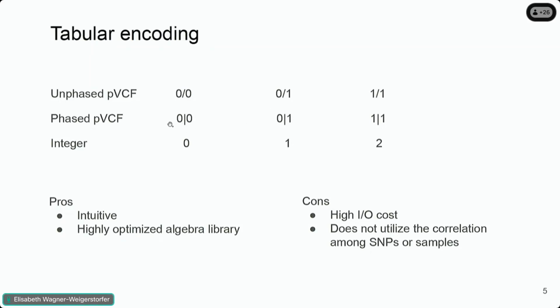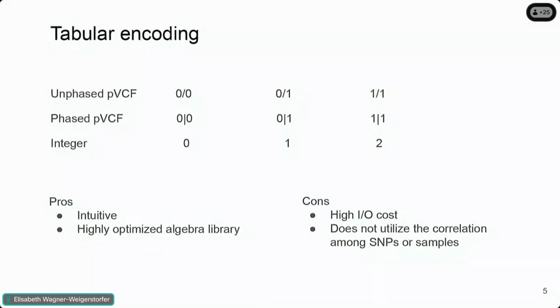Starting with this data, when we do the analysis, we usually convert it to a 0, 1, 2 encoding. It works as if it's a matrix, and then we can do downstream genome-wide association studies or some population genetic analysis. This format is highly intuitive, and we can utilize highly optimized linear algebra libraries for computation.